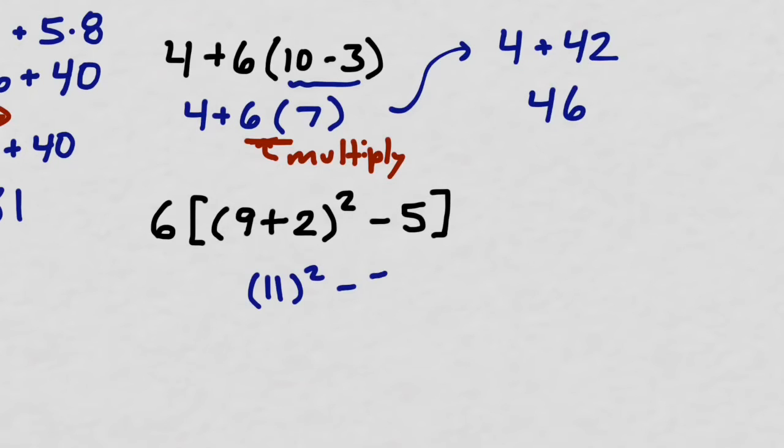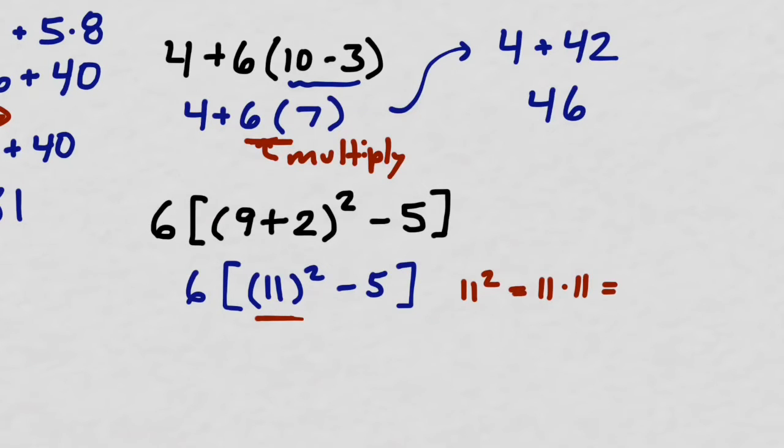And then we're going to subtract 5 from that after we square it and multiply by 6. And so now the parentheses really aren't doing anything. So this really means the same as just 11 squared, which of course is 11 times 11, or 121.